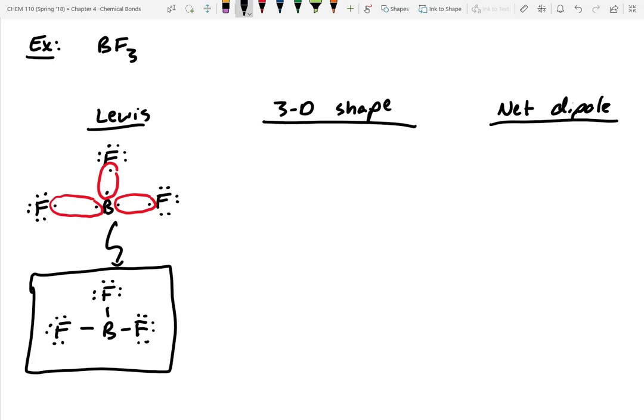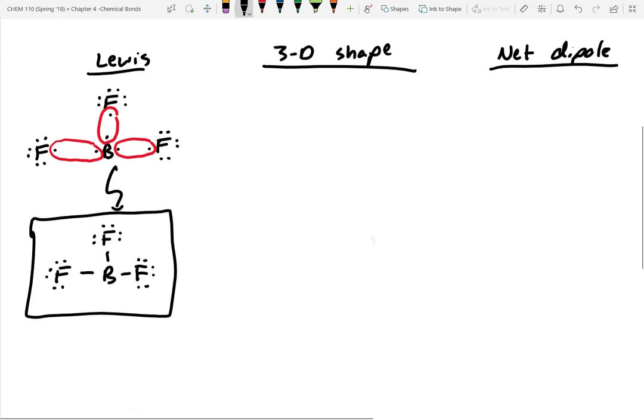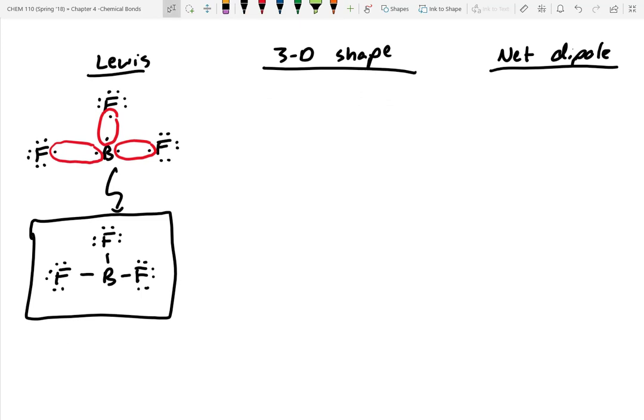However, do you think that's a good representation of the three-dimensional shape for boron trifluoride? Yeah, right here, it looks like I've got it as 90 degrees. It's probably not going to be 90 degrees. What would be a better angle? 120. 120, absolutely.